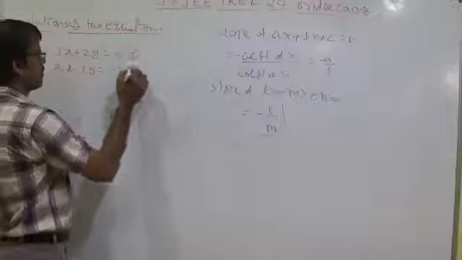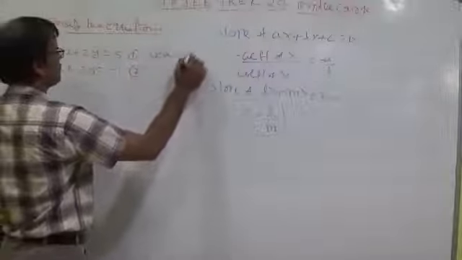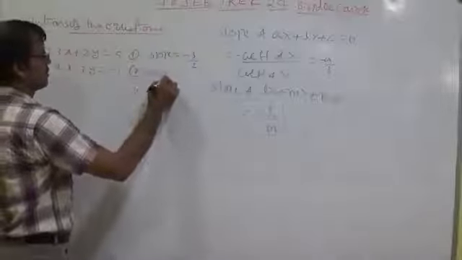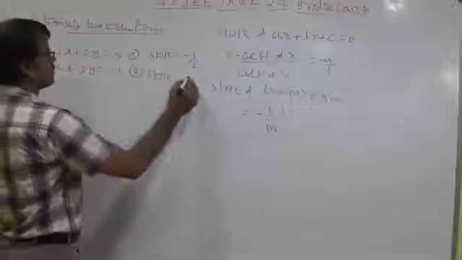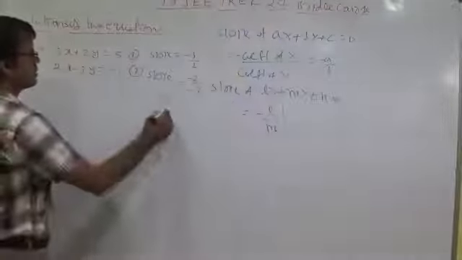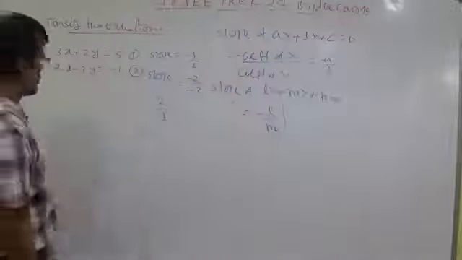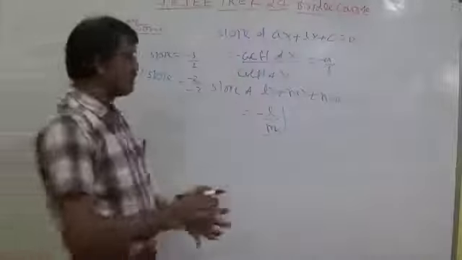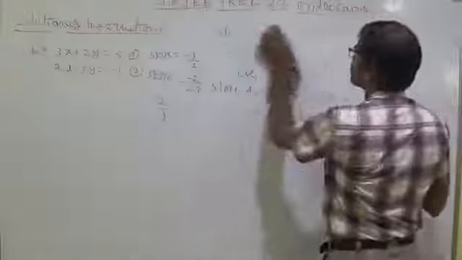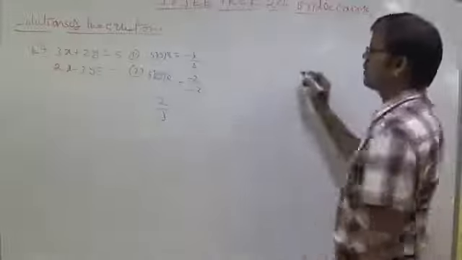Now, can you say here the slope? The slope is equal to minus coefficient of x by coefficient of y. Here you can say slope is equal to minus 2 by minus 3. It becomes 2 by 3. So here the two lines are perpendicular. I said in the previous class that if M1 is equal to M2, the lines are said to be parallel.